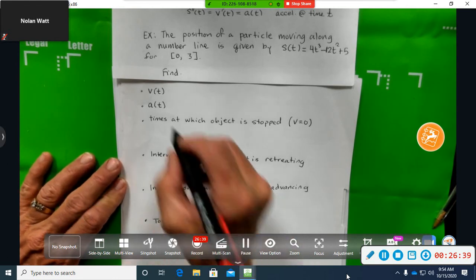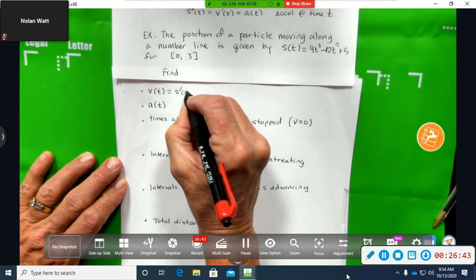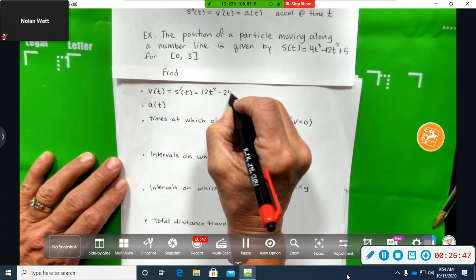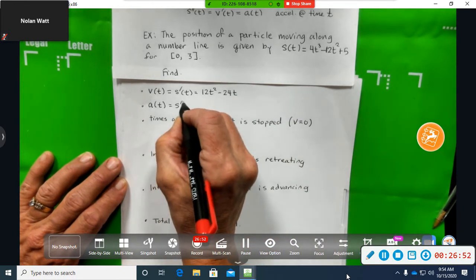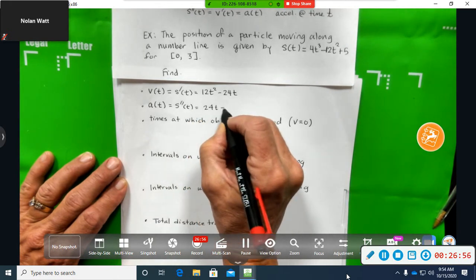So you got as its velocity, the first derivative, 12t squared minus 24t, and acceleration is the second derivative, so we'll get 24t minus 24.